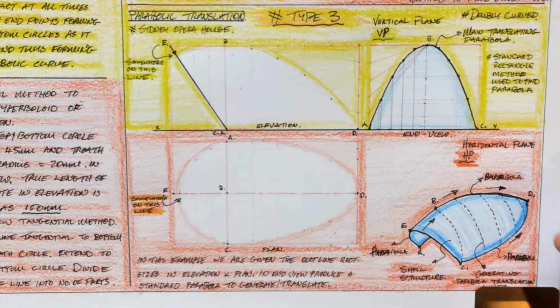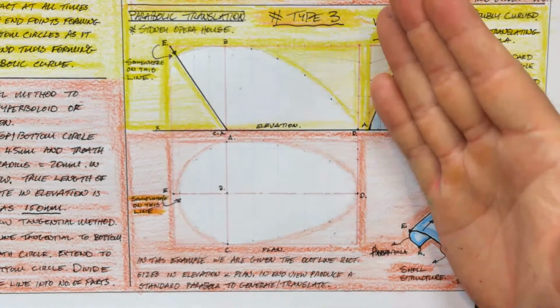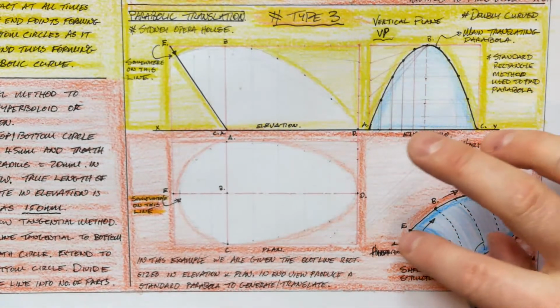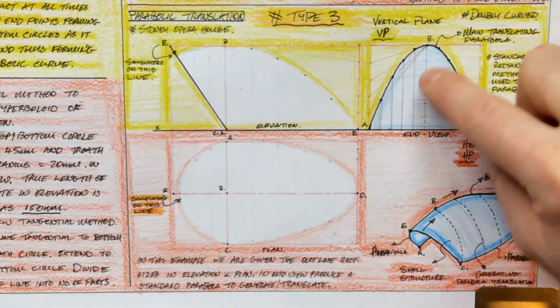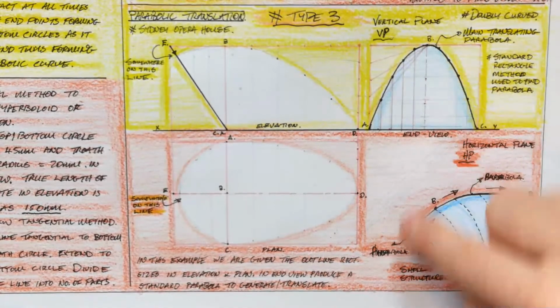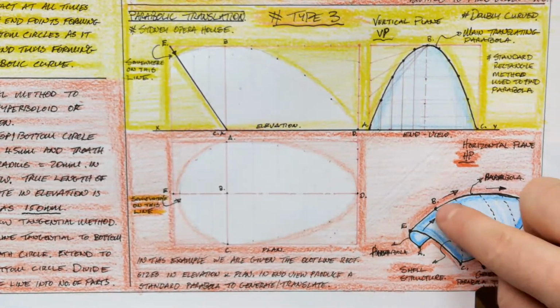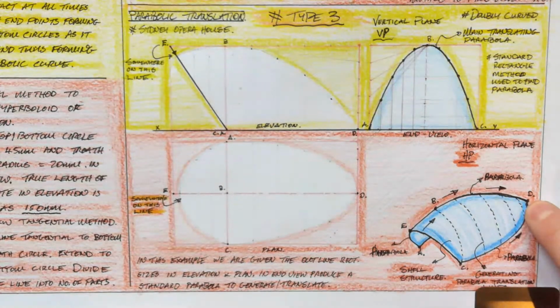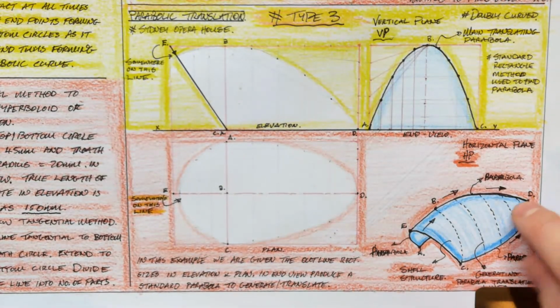And the way these shapes are generally formed from a geometric point of view is imagine taking one parabola, okay, and then running that parabola along a set of other parabolas. So, for example, these dotted lines you see here, that's actually this parabola, which will be in the end view looking in here, all right? That's actually that parabola as it follows this parabola here, which is ED, and that parabola there, which is CD.